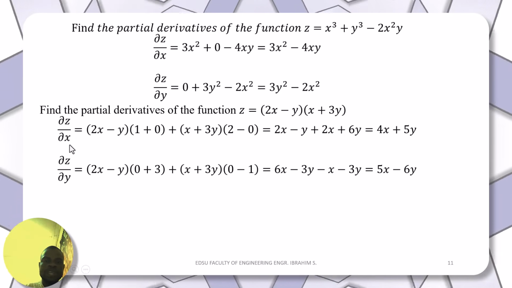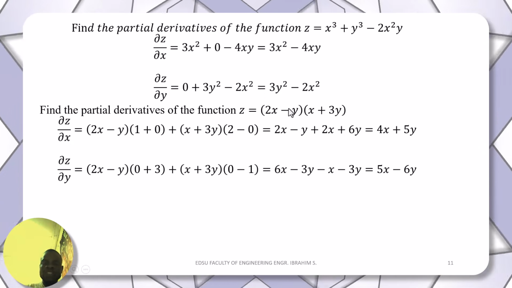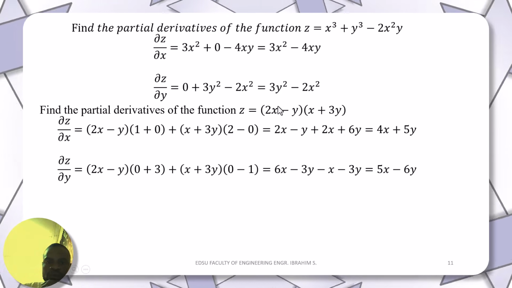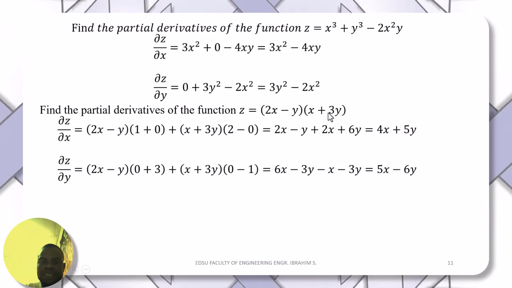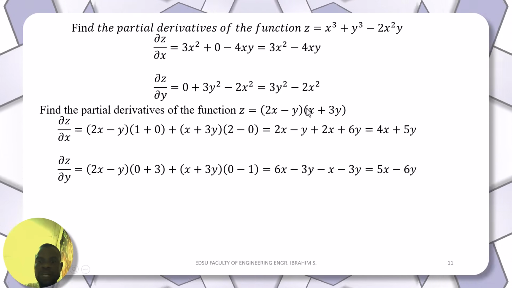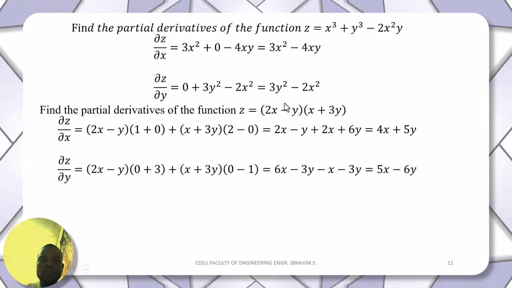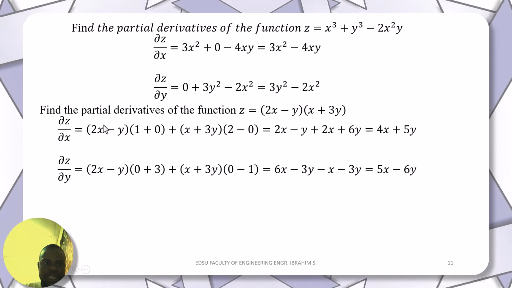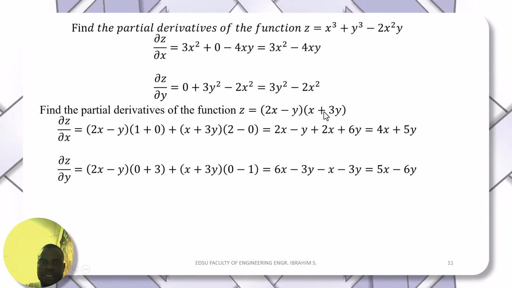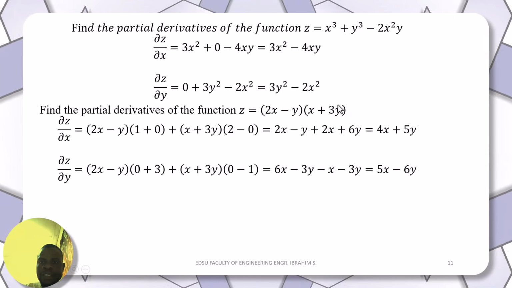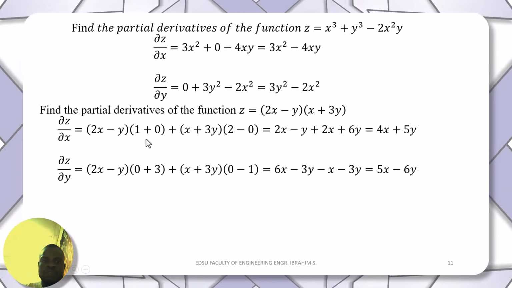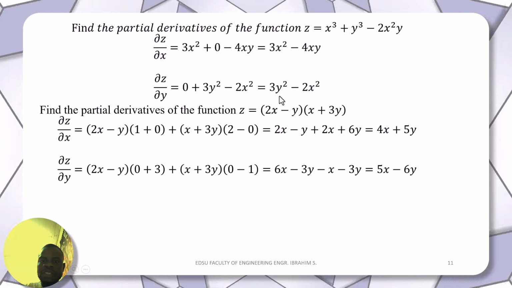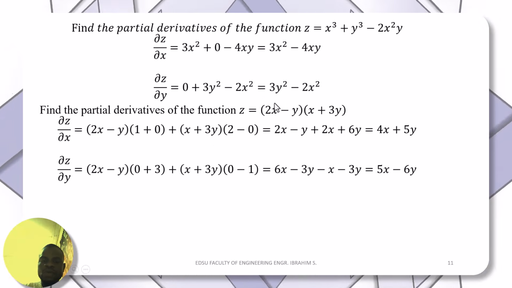Differentiating with respect to x, I will come here. What is my v? This is my u and this is my v, right? So I will take this, make it here, differentiate this, I will have 1, then this one gives me 0, so I will have this plus, now keep this one constant and differentiate this with respect to x.